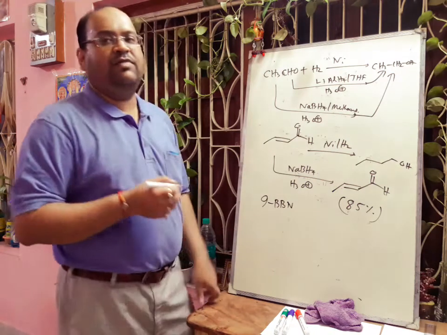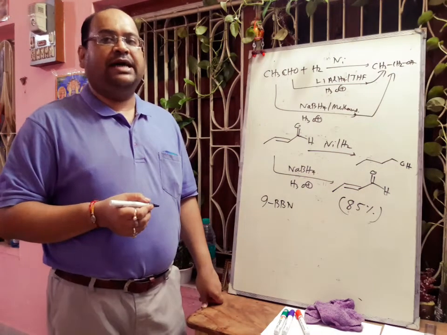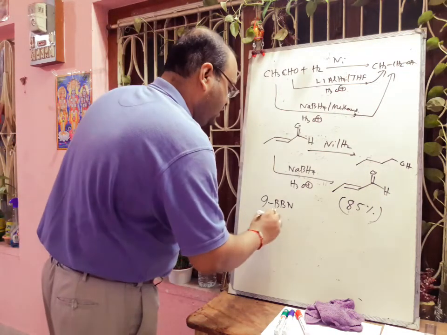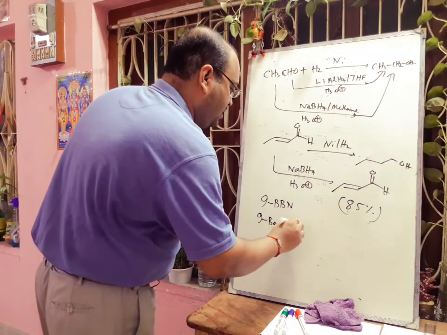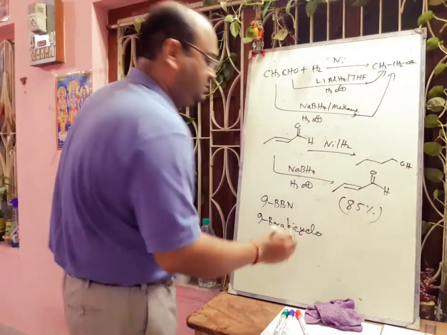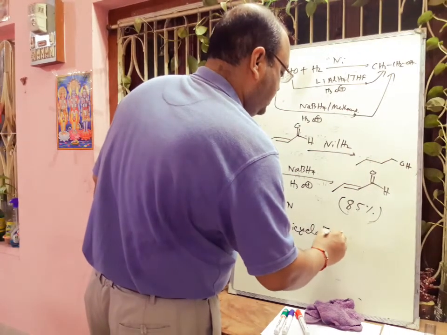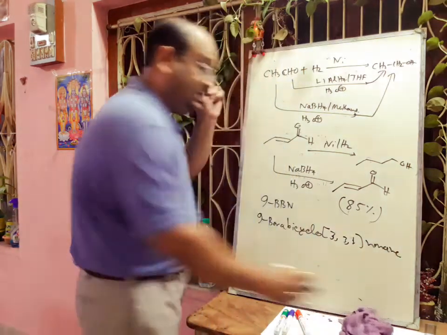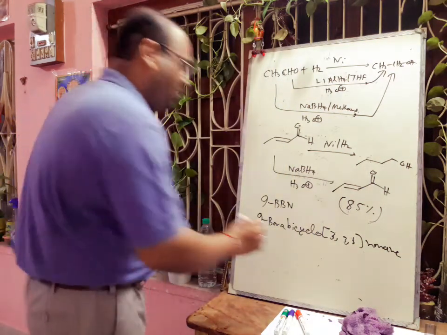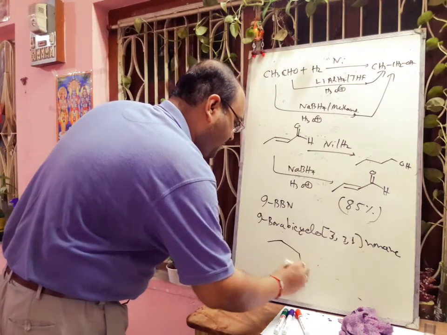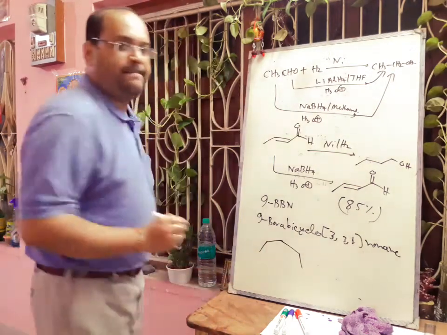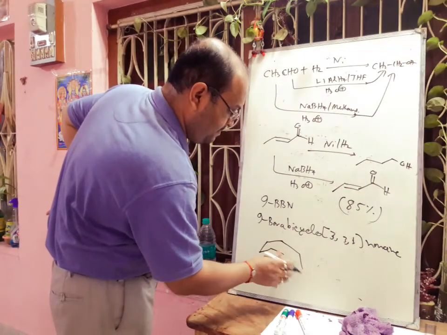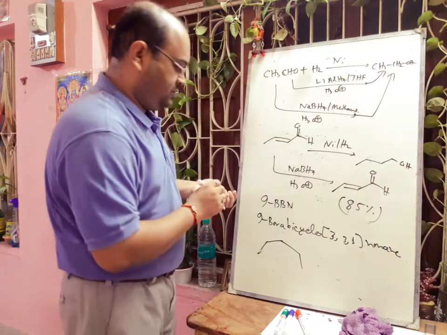What is the full form of 9-BBN? 9-borabicyclo[3.3.1]nonane. And the structure of this compound is like this. I am showing above.